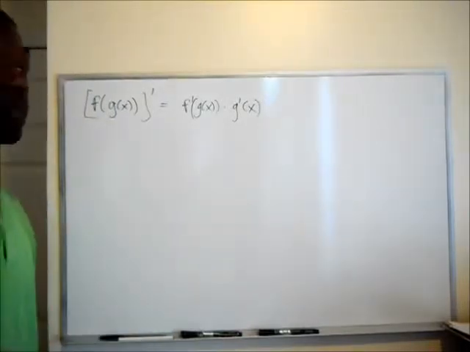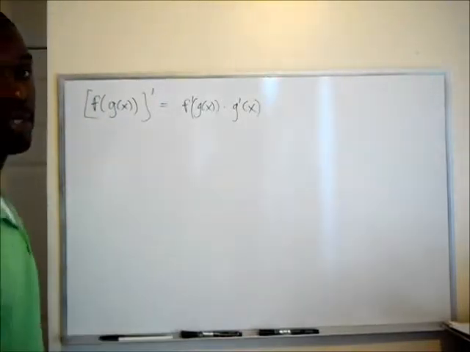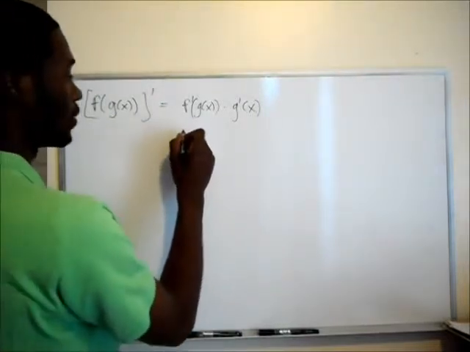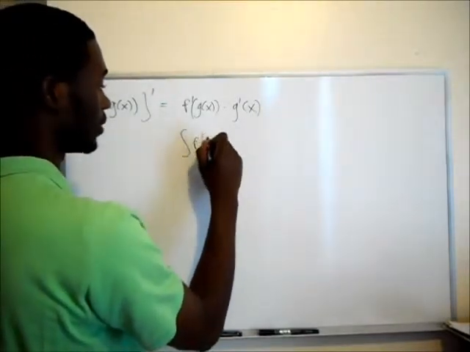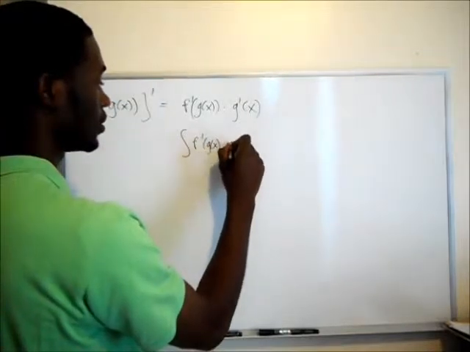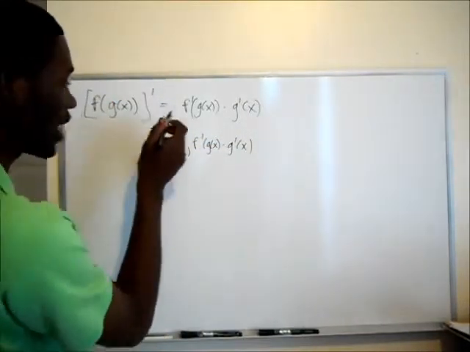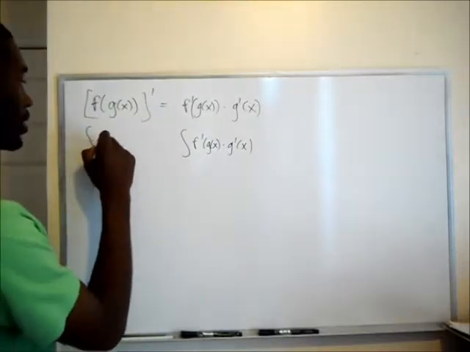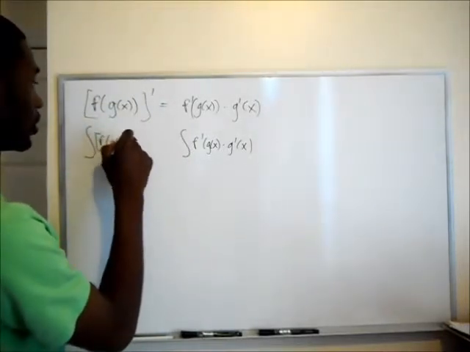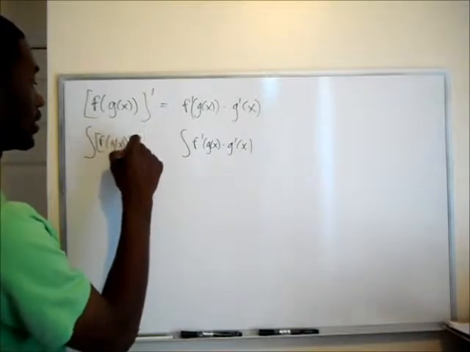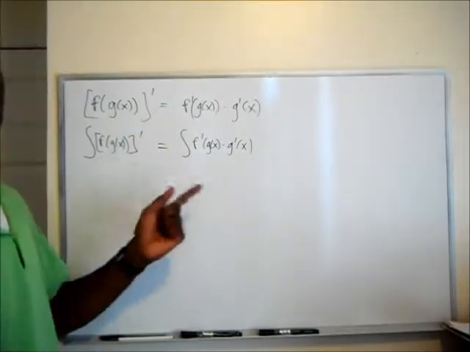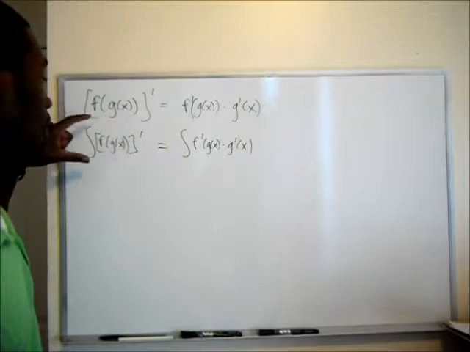So now, if I was to integrate both sides, let's see what I get. If I integrate this side, I'm just going to get f prime of g of x times g prime of x. I'm just going to write the whole thing inside the integral so we can see it. So all I did was integrate both sides. Now let me actually do the work over here.